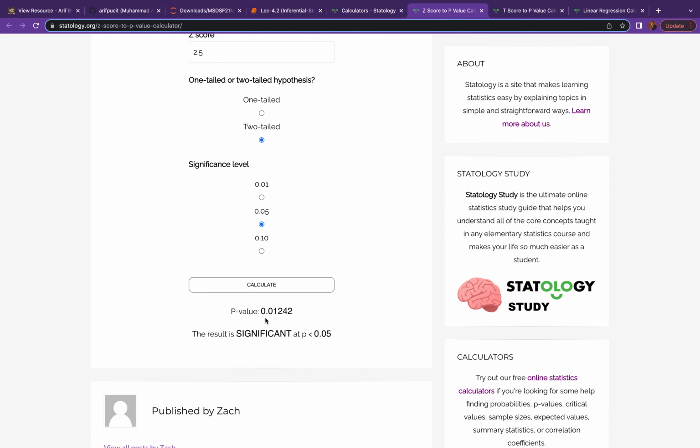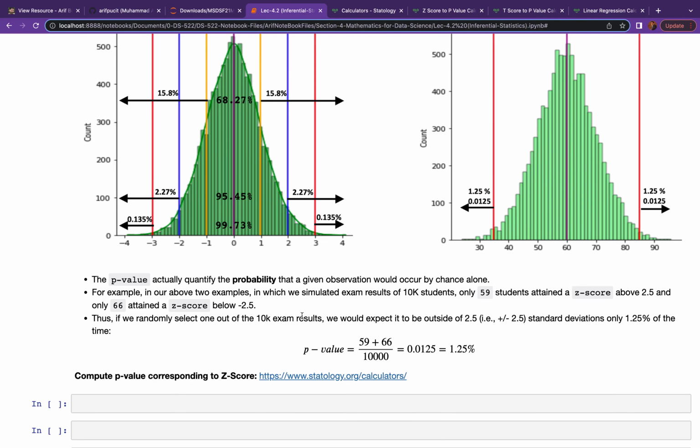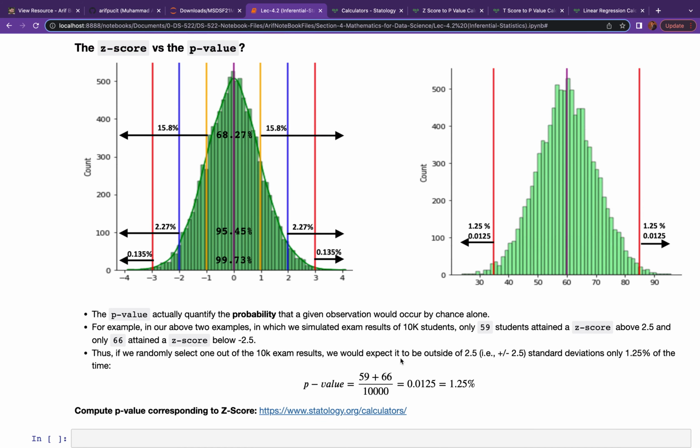So the value is 0.0124. Let me check this out. So 0.0124, that is 0.0125 roughly, or 1.25%. Great. I hope this is making sense. More on this in the hypothesis testing part, inshallah.